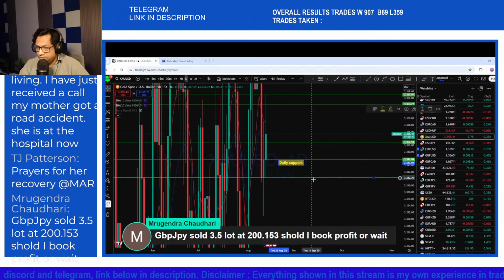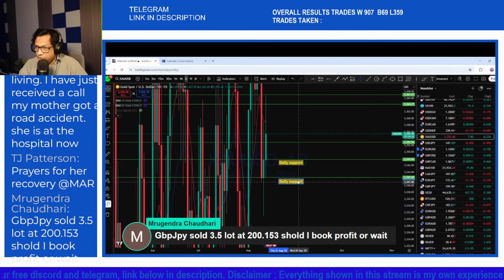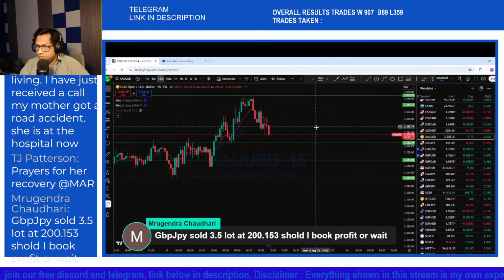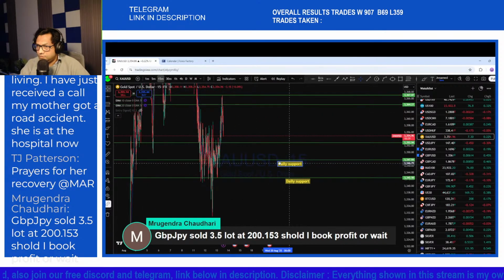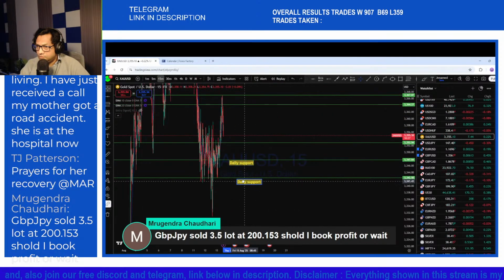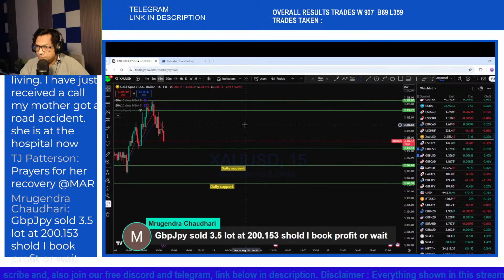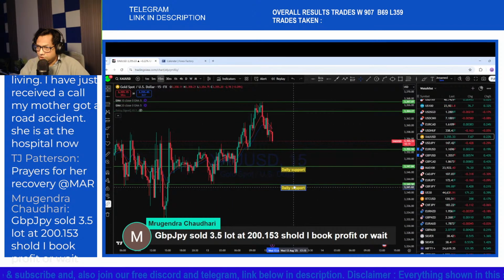Daily support here, also daily support. Then you can see two of these important daily supports here.